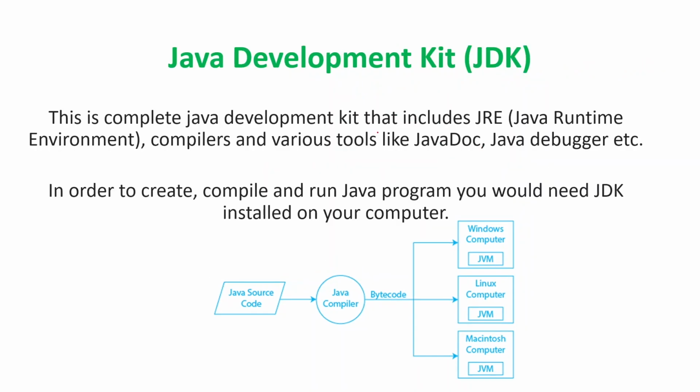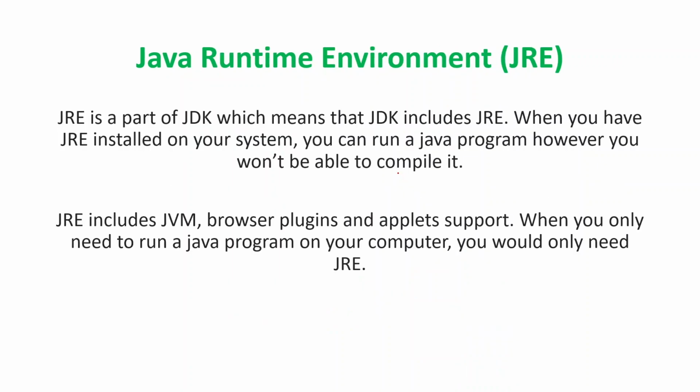So we are going to download this JDK in the next video, and also we are going to do the environment setup. This is the complete Java Development Kit. It includes the Java Runtime Environment, JRE. Then inside JRE we have the JVM, Java Virtual Machine. So as I told, we have JRE.